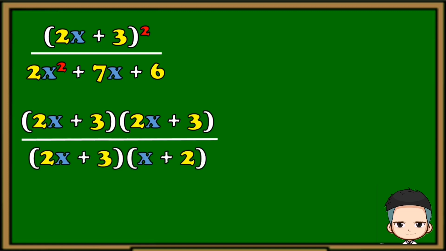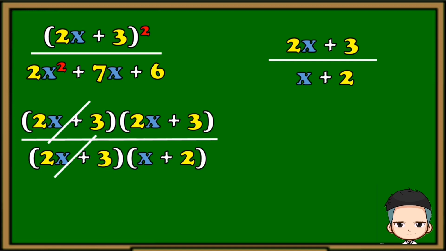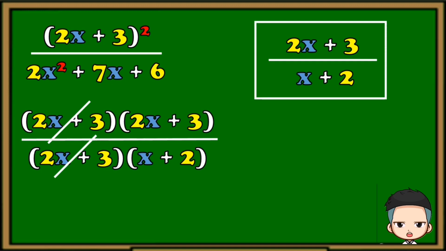Its factor, the quantity of 2x plus 3 multiplied to the quantity of x plus 2. Next, just cancel the common factors on the numerator and on the denominator. Then, just copy the remaining factors. Final answer, 2x plus 3 all over x plus 2.